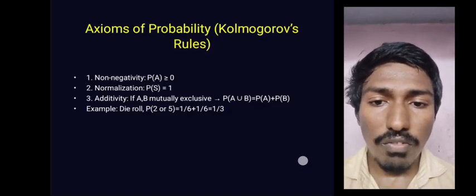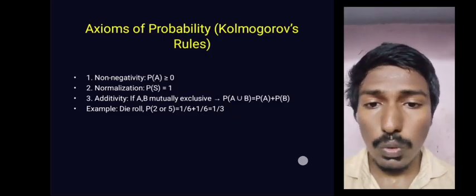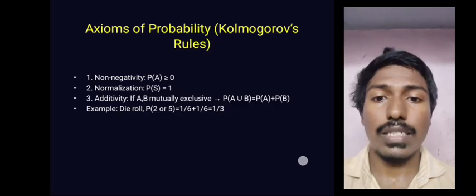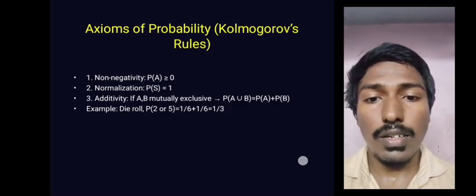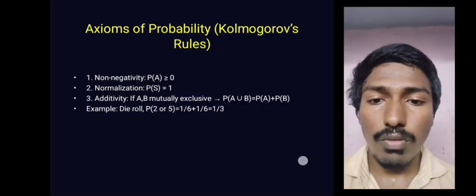Axioms of probability. The first is non-negativity, which means probability is never negative; it is either 0 or greater than 0. The second is that P of a certain event is 1.